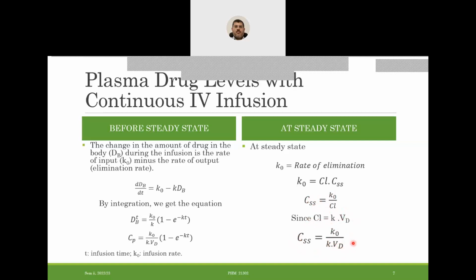Look at this part, look at this equation. It represents this part of the equation. So I can ask you a question now. Can I use this equation for all the time, either C at steady state or non-steady state? You write for me the answer, can or no? Can I use this equation to calculate concentration in plasma at steady state? Can or no?